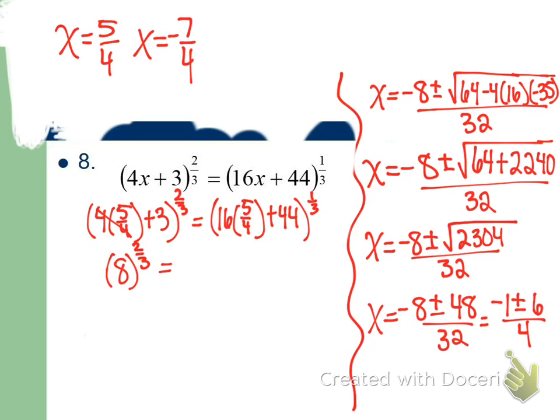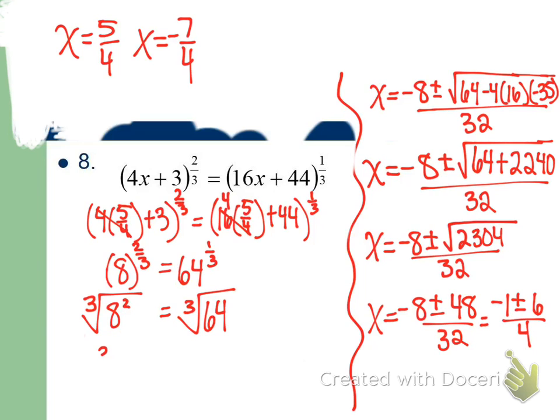equals 16, and the 4 can simplify to a 4. So we have 4 times 5, which is 20. 20 plus 44 is 64. Kind of gave it away. Then if we do that same trick that we did on the last one, when we switch these into radical form, I have 8 squared, the cube root of that.